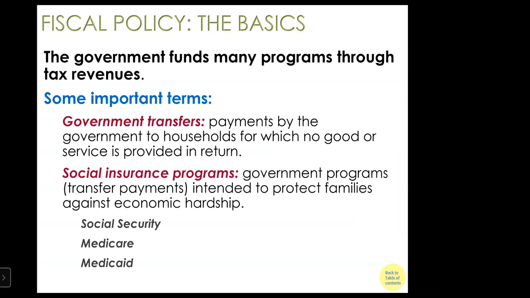A good example is the check we received a few weeks ago. I believe everyone received a check of 1,400 from the government, right? And then last year we received two other checks. The first one is 1,300, the second one is 600, right? So that is a government transfer.